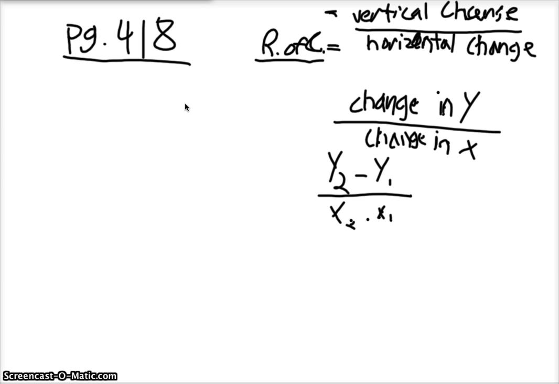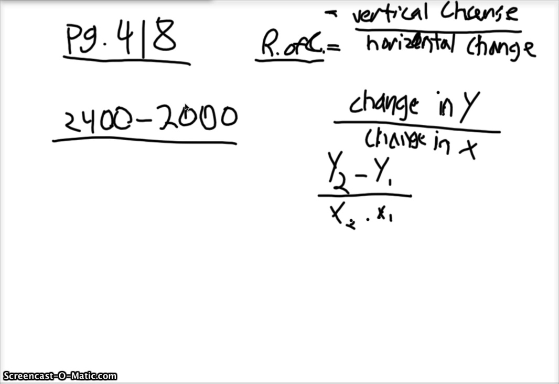If we plug in those numbers, our second y, at point C, is 2,400 feet. So we've got 2,400, and then we've got 2,000. That's where we started at for point B. Divide that by 800 minus 400.